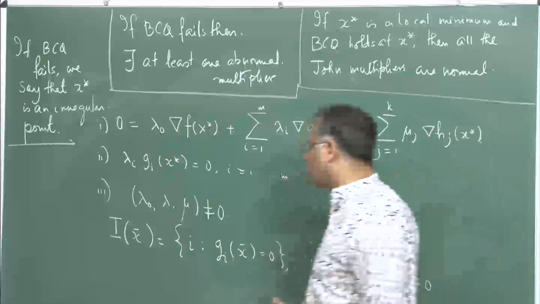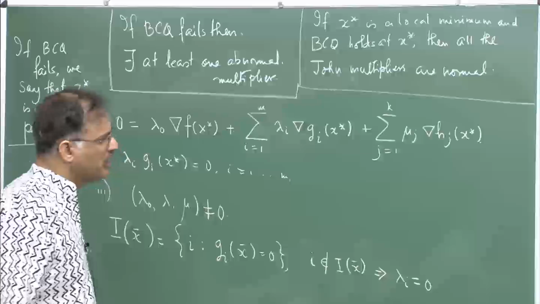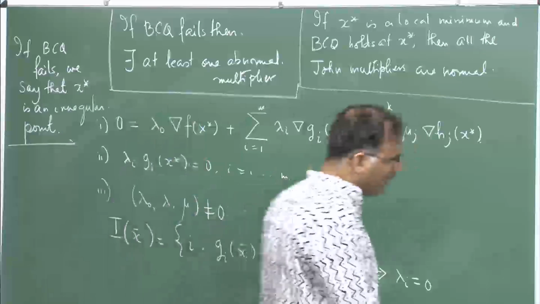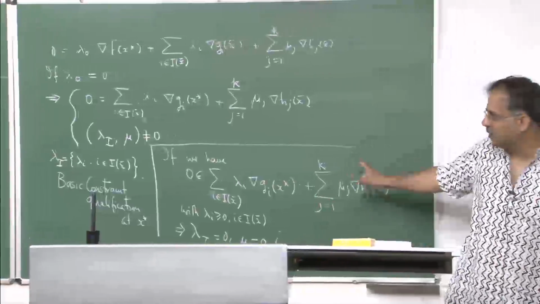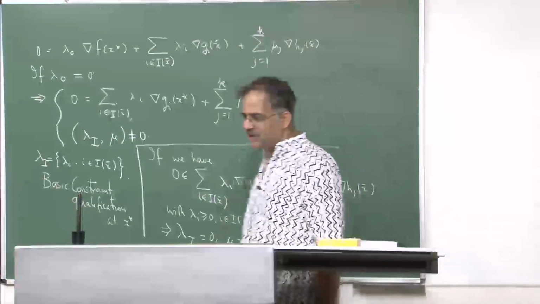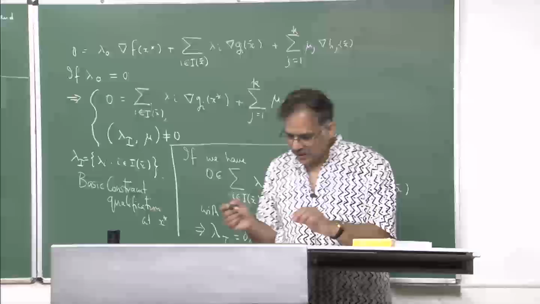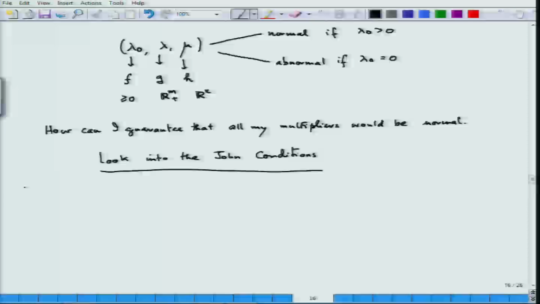The weakest possible constraint qualification which will guarantee that all the multipliers are normal is the basic constraint qualification. The basic constraint qualification also has an alternative form obtained in 1967 by Mangasarian and Fromovitz. That is why this is also known as the Mangasarian-Fromovitz constraint qualification, an alternative equivalent form of BCQ.